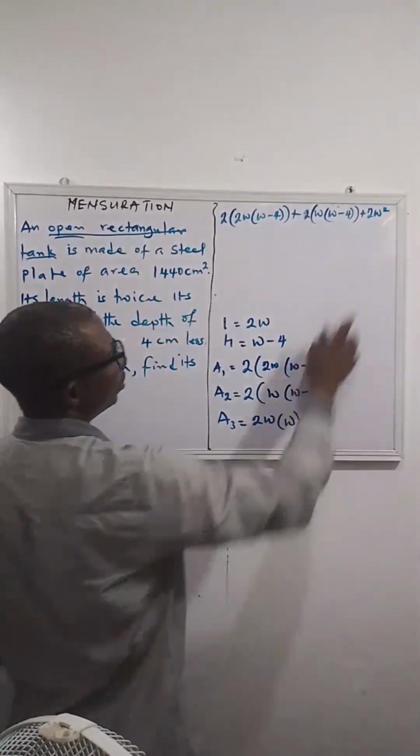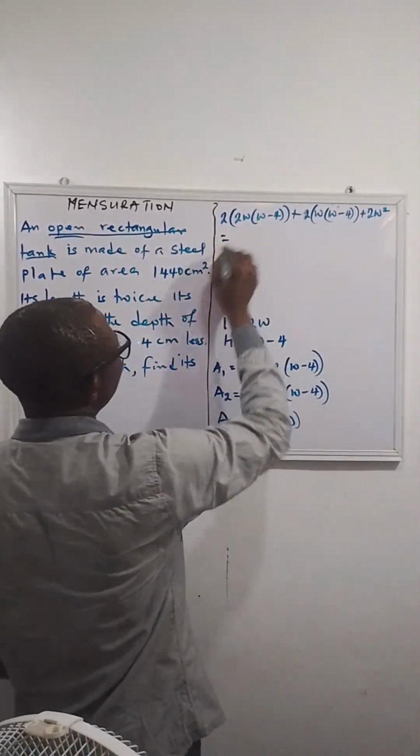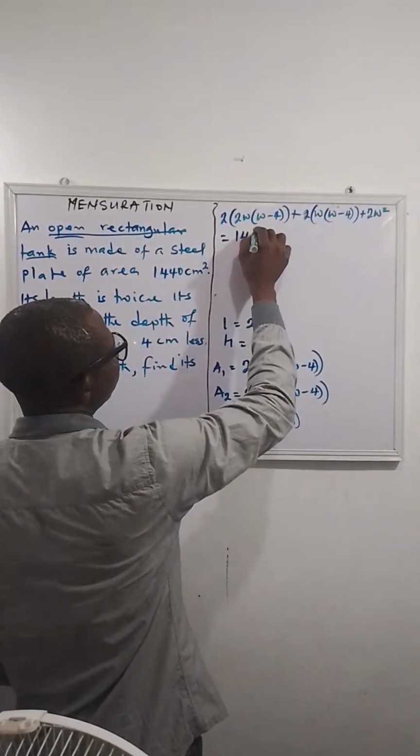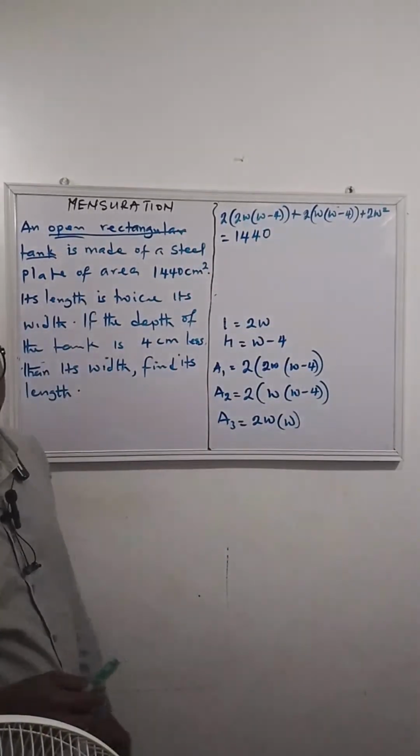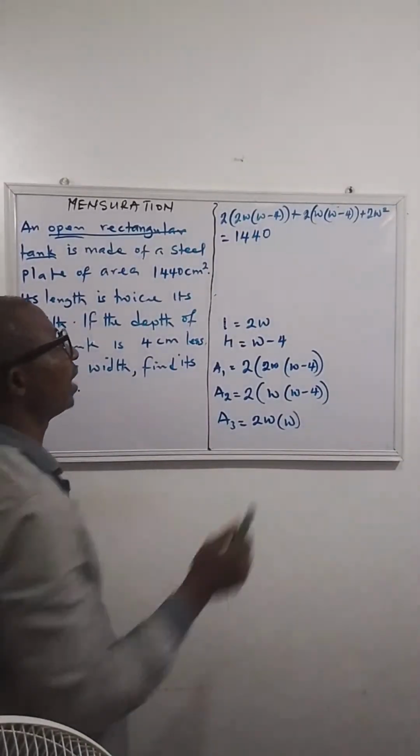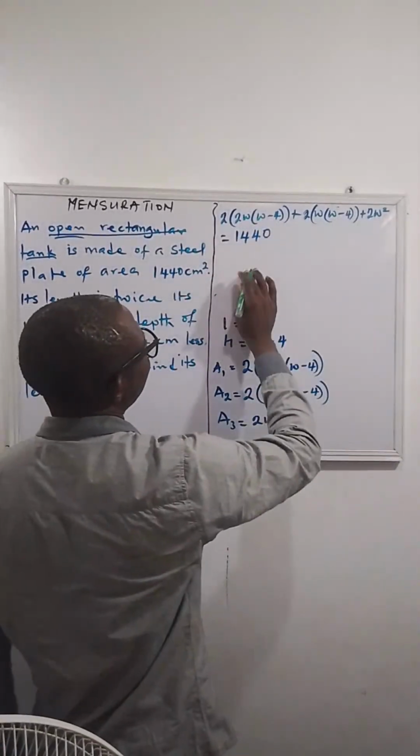W times w is w squared. So everything equals 1,440. Okay, now let's evaluate what we have here.